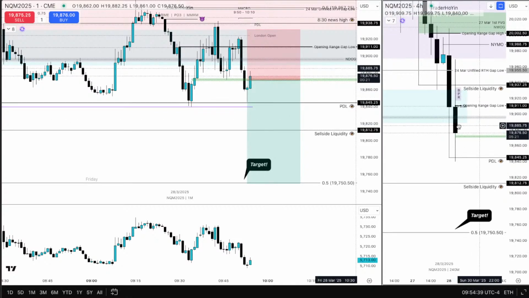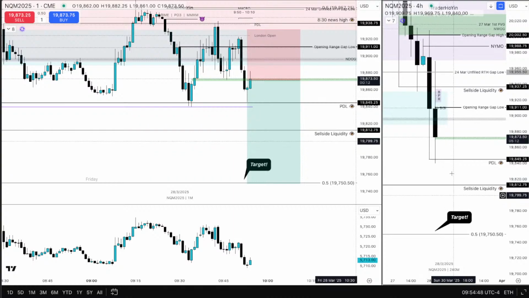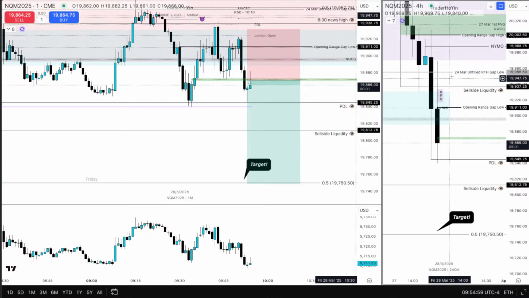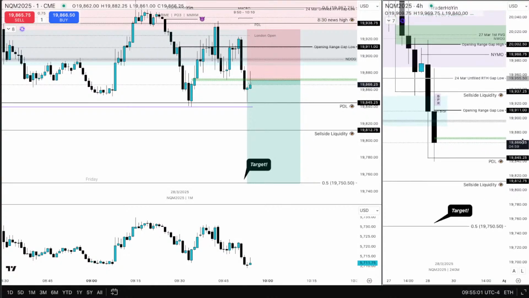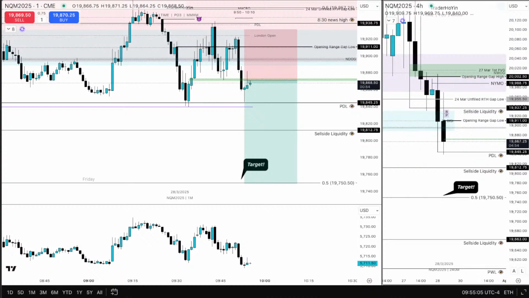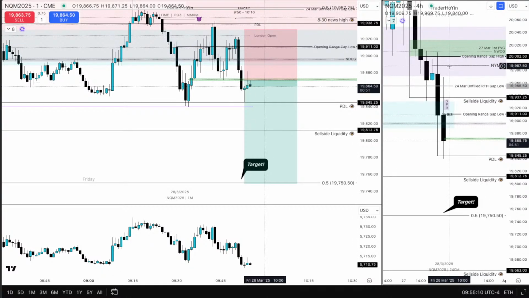If price is bullish, I expect the 10 AM candle to open here and trade lower and sweep some sell side and come back up, leaving a wick, and then go higher. But it won't go as high as the previous daily high. I think it will be somewhere around the New York midnight open.